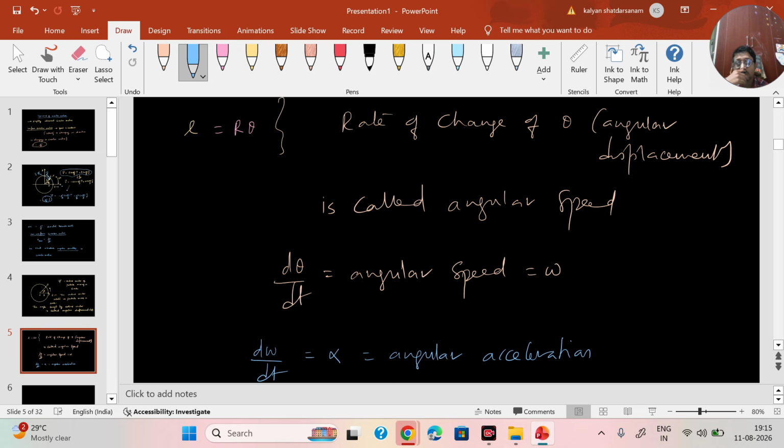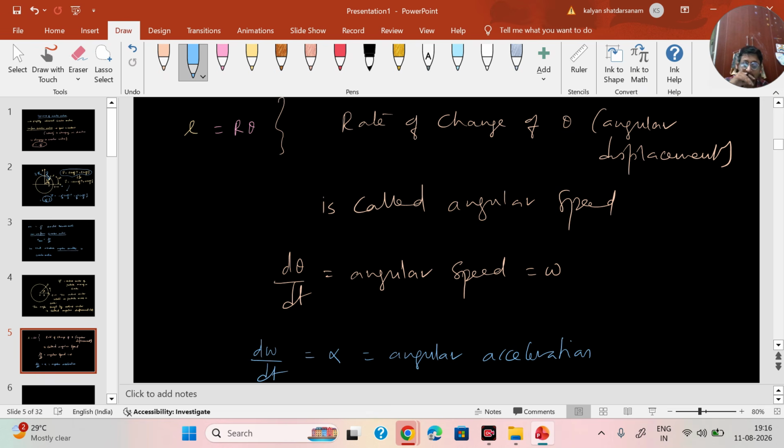For example, when you switch on a fan, the fan's angular speed is increasing. From 0, it is increasing to its maximum value. So during that phase, there is angular acceleration. But once it reaches a constant angular speed, beyond that the fan's speed will not increase.